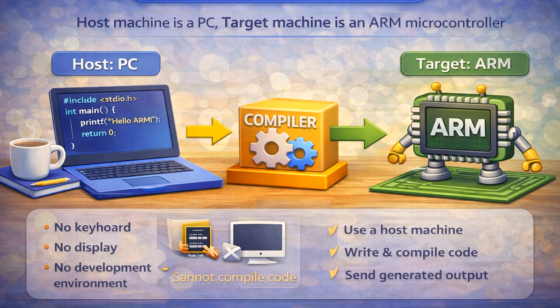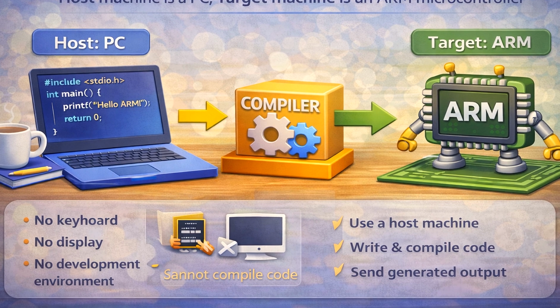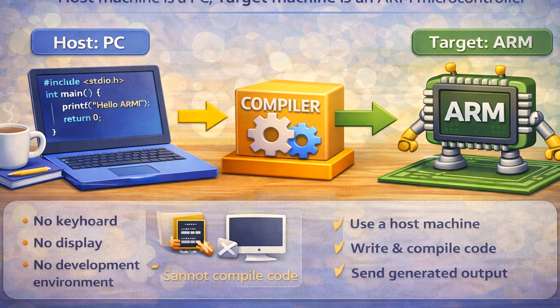Suppose your host machine is a Windows PC or Linux laptop, and the target machine is an ARM microcontroller. You write the code on your PC. The compiler also runs on your PC. But the code is not meant to run on your PC. It is meant to run on the ARM microcontroller. So the compiler generates ARM machine instructions, not x86 instructions.